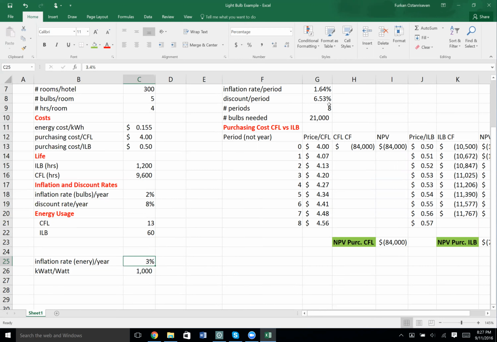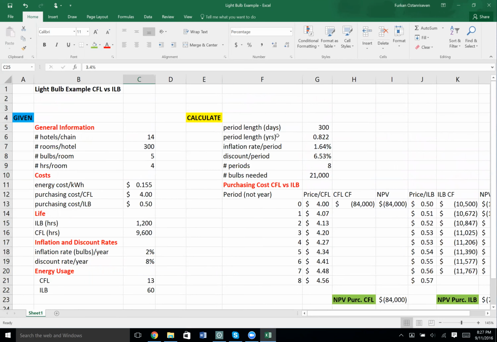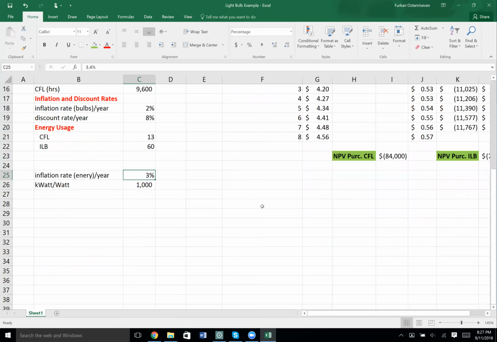So now let's calculate, under our calculation column, the inflation rate for energy per period, not year, per period.